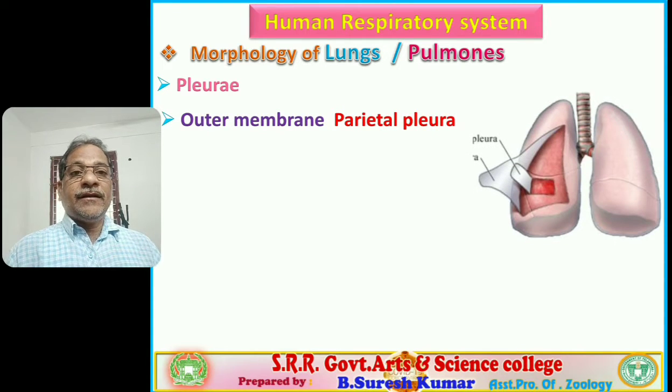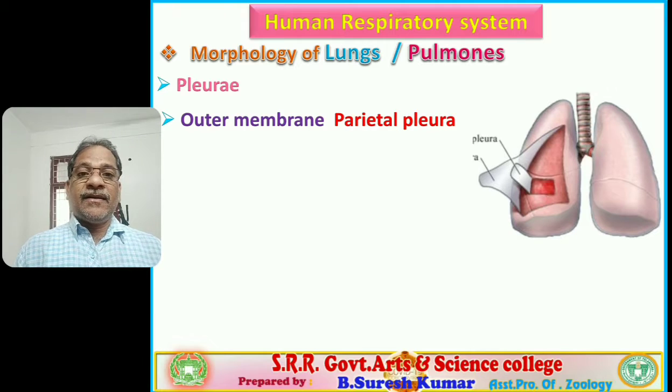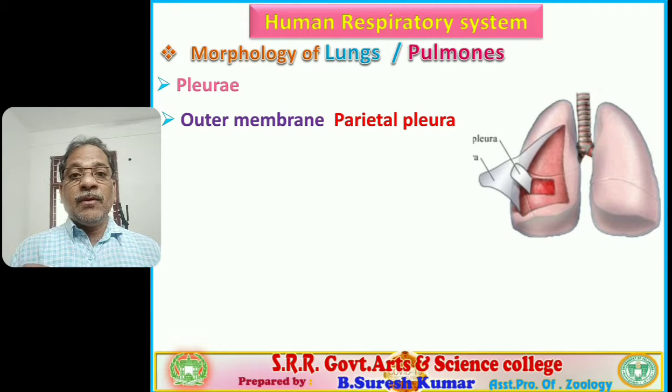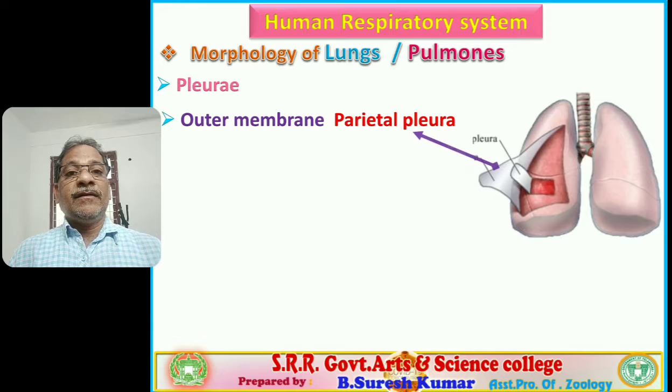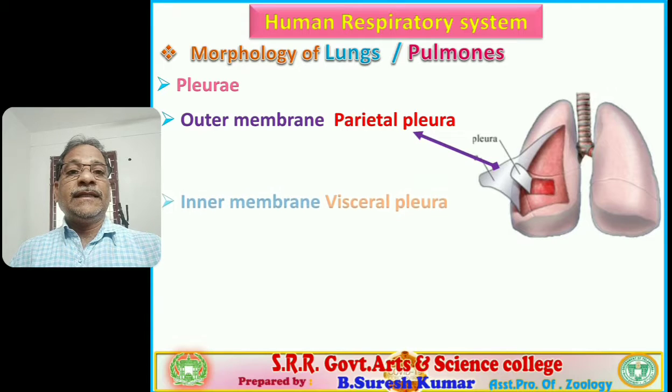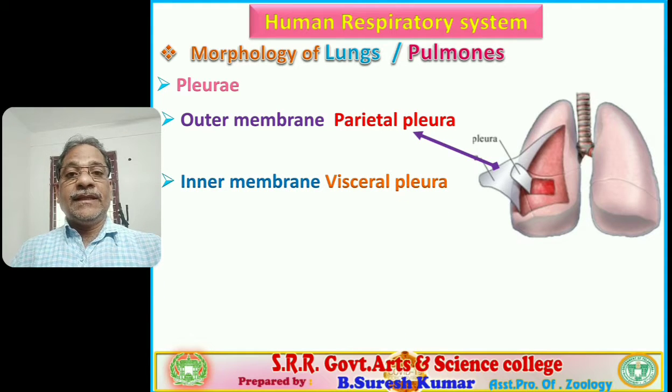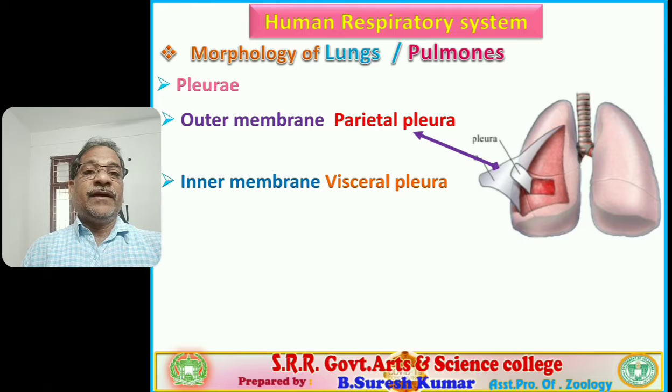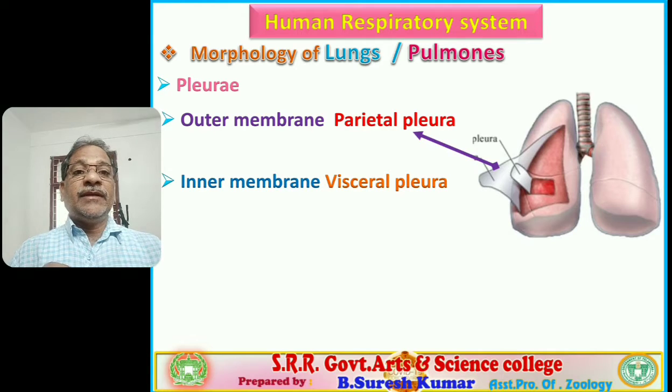So the outer pleura is called the parietal pleura. All these are mesodermal in origin. Remember, the outer membrane is called the parietal pleura, and the inner membrane is the visceral pleura. It originates from endoderm. So the outer layer is the parietal pleura that arises from the mesodermal layer, and the inner membrane is the visceral pleura that arises from the endodermal layer.